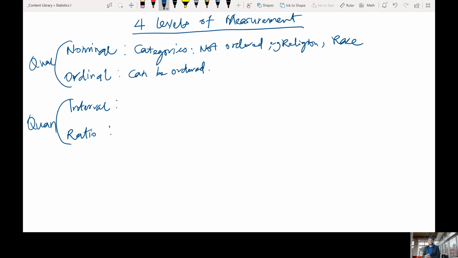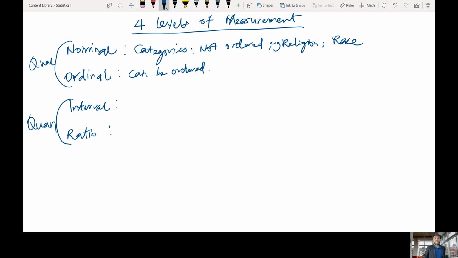There is an inherent ranking for ordinal data. An example could be, let's say, I ask you to rank your favorite movies that you watched this weekend from 1 to 5. It means that 1 would be better than 2, better than 3, better than 4. There is that inherent ranking. So that's really the difference between nominal and ordinal measurements.